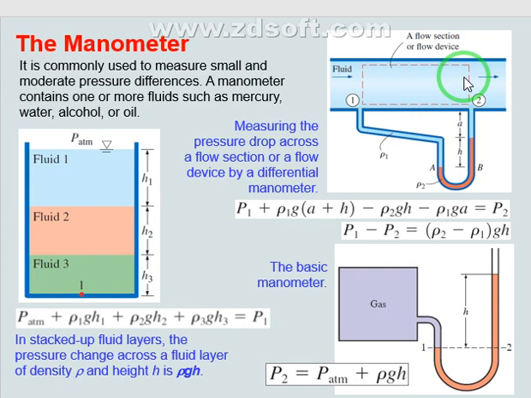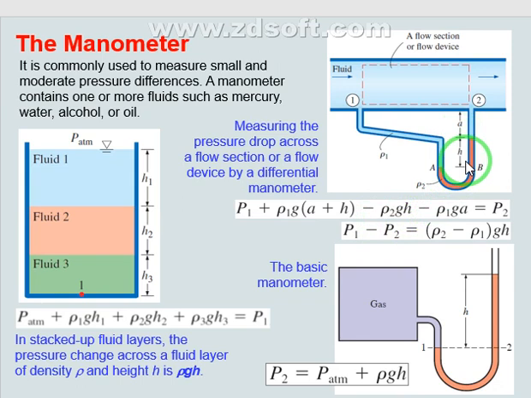So what we need to know, we're gonna make an equation. To measure the pressure at 1 here, P1 plus rho g, the distance till A. We have this line here, so we have A and H. Then minus rho 2, which is the liquid, g h, this distance.